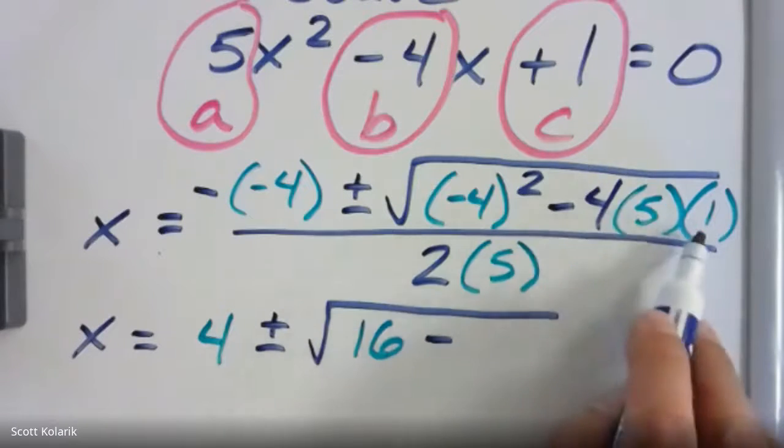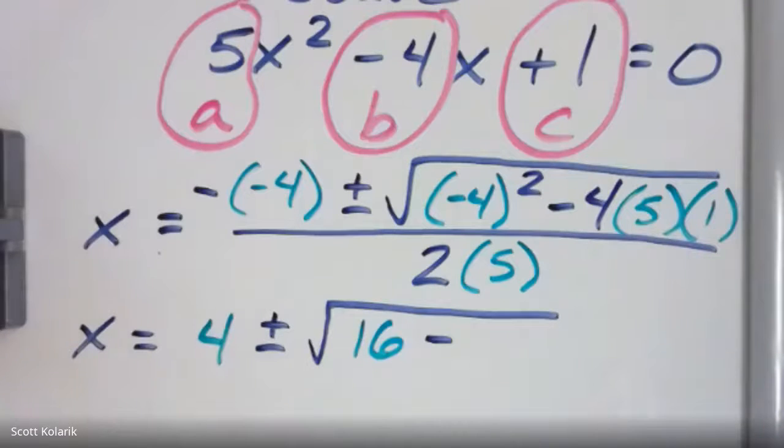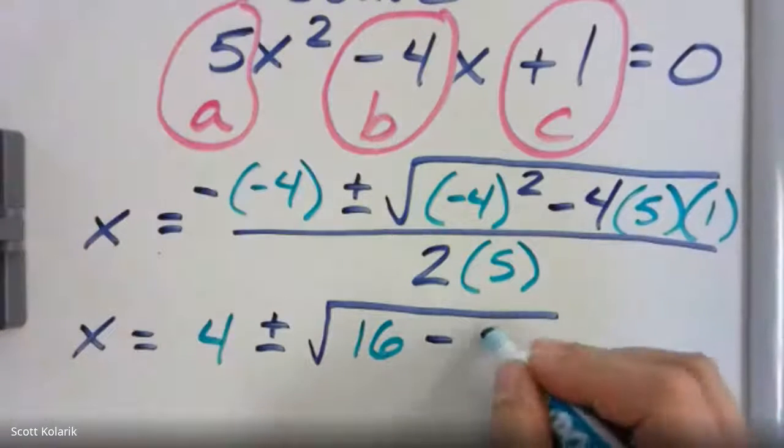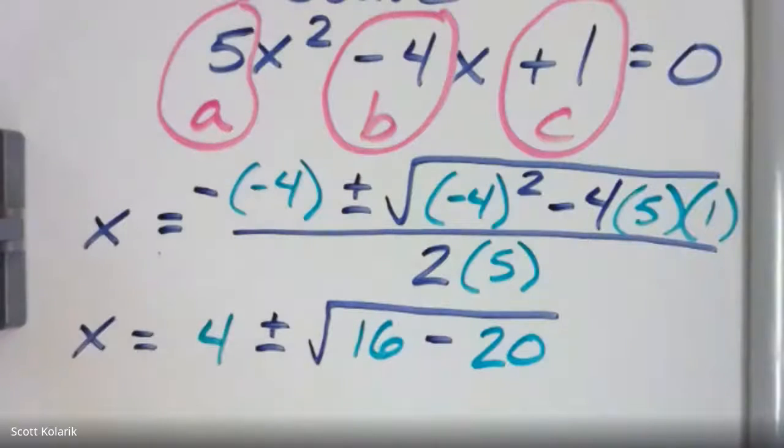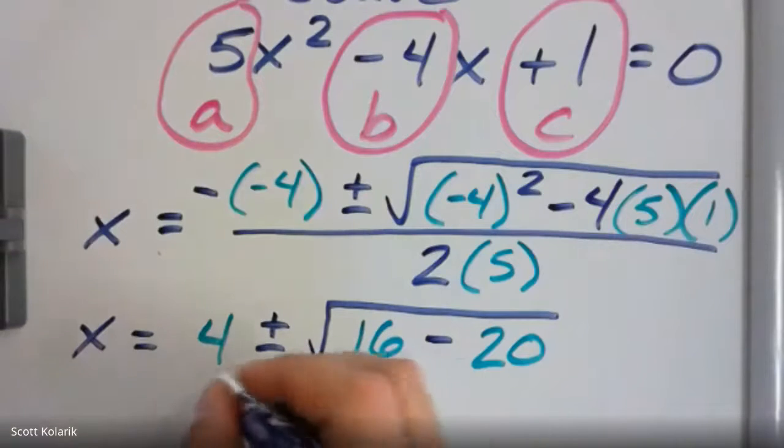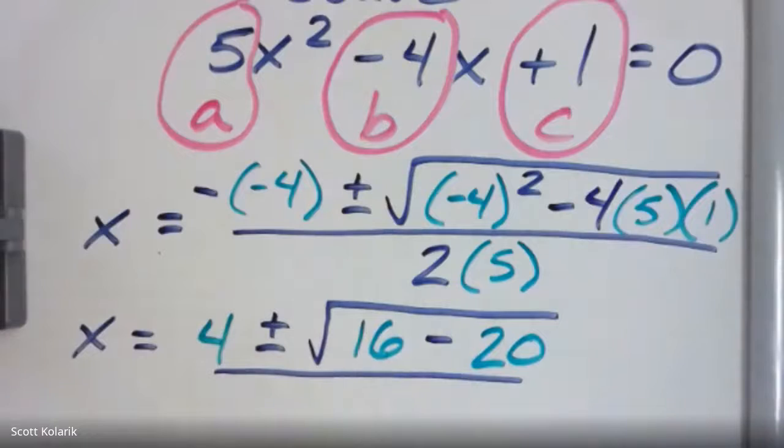That 20 times 1 gives me 20. Some of you will be able to see it right now, but if I were to actually perform this next operation of 16 minus 20, I'll get a negative value underneath that radical, which is why I will get a complex solution in this case. But let's keep going just for the sake of it. All over 2 times a, 2 times 5 will give me 10 in the denominator.